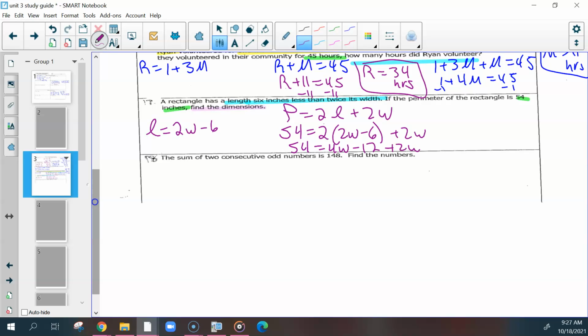I'm going to start writing in box 18, but it's still 17. You may have space to write it all in 17. So combine the terms, add 12 to both sides.